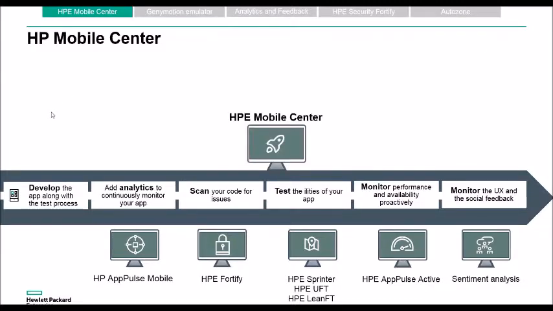So how does Mobile Center fit into the story? Well, it expands all the products here to mobile technology, right? So the point is, when we have mobile teams and organizations acquiring Mobile Center, it really provides them access to real devices and emulators.